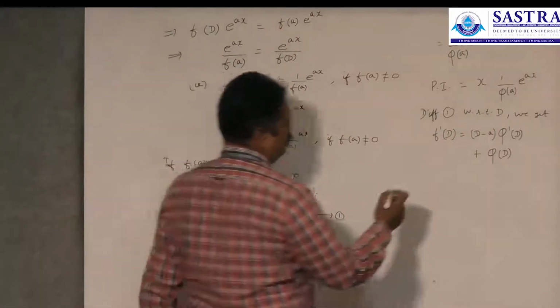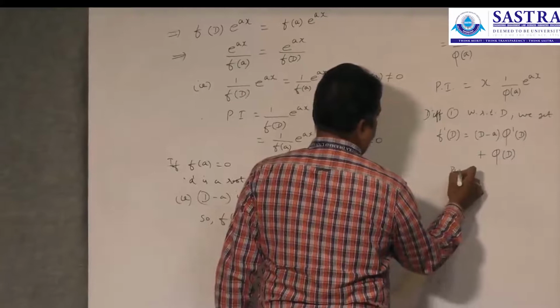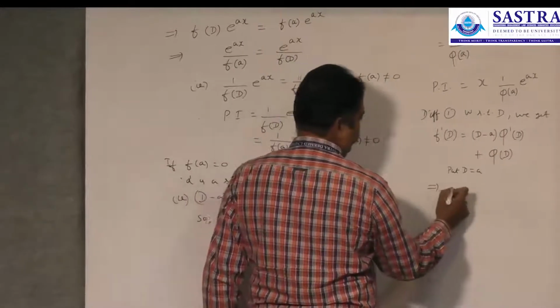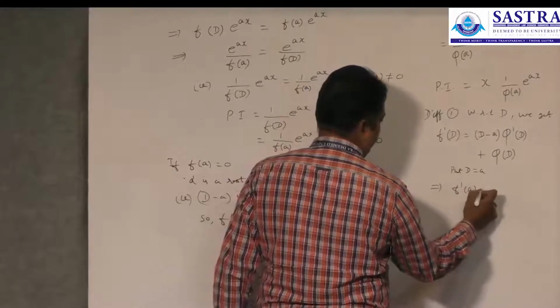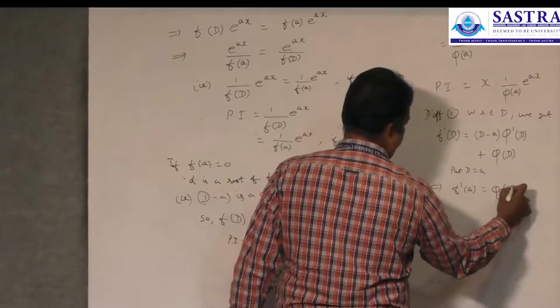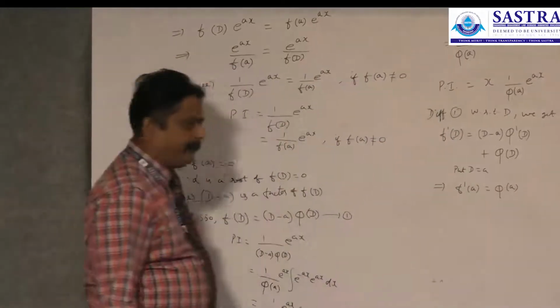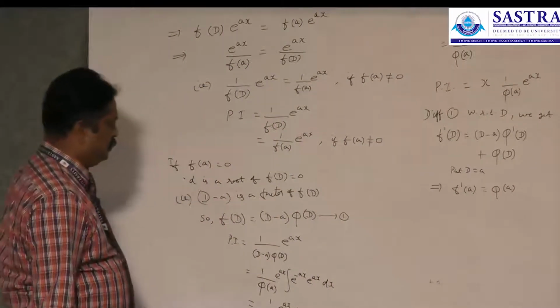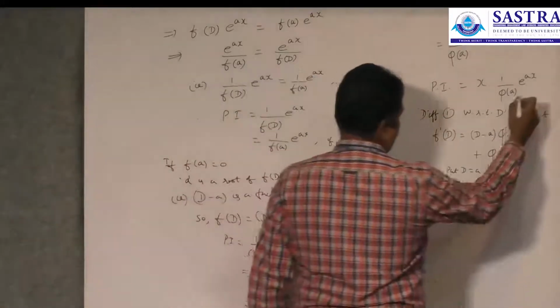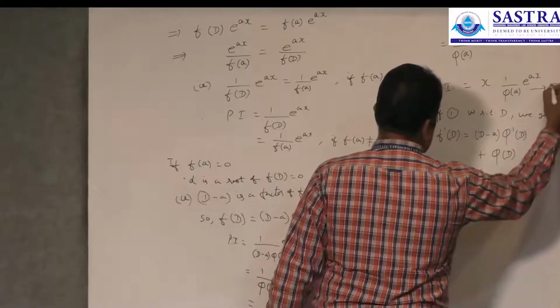Now put d is equal to a. If you put d is equal to a, we get f dash of a in the left hand side. Right hand side, first term is 0, second term phi of a. This is equation number 2.